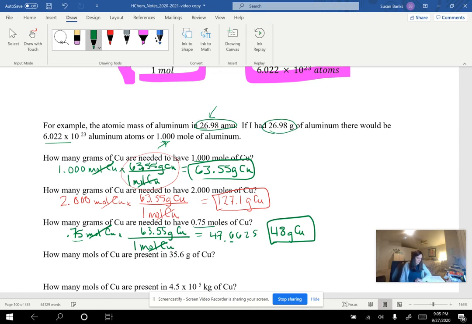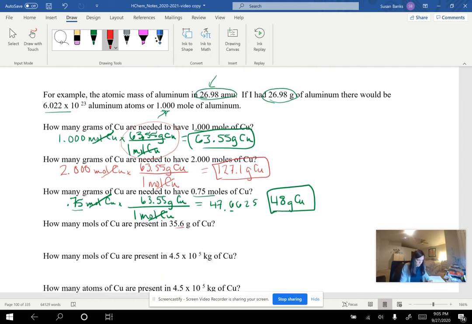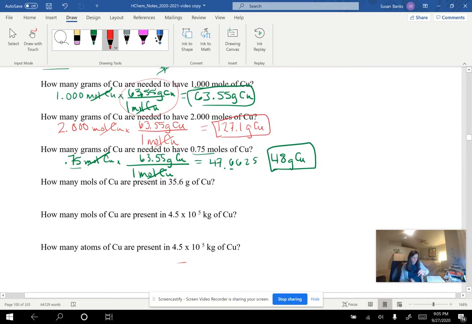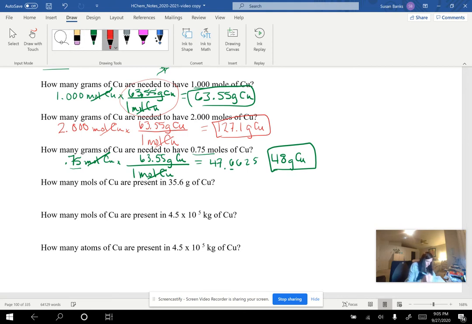Okay. Now, can I do it the other way? Can I start with grams and get it into moles? Oh yeah, I can use this conversion that we've been using and I can flip it. So let's start with the number that I was given here, 35.6 grams of copper. Now I don't want grams, I want moles. So I want my grams to cancel. So I'm going to put the 63.55 grams on the bottom and moles on the top.